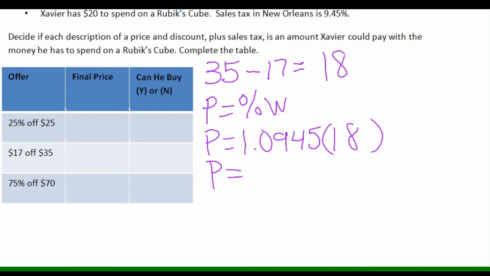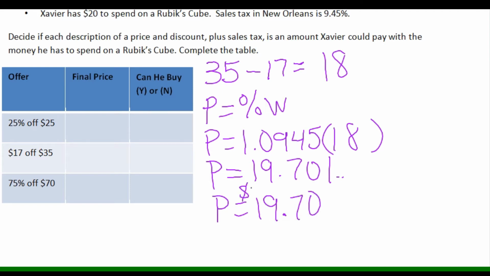And when I simplify this, this is what I get. And then I have to make sure I round correctly. So this rounds to $19.70. So yes, Xavier will be able to purchase that Rubik's Cube, and the amount is $19.70.